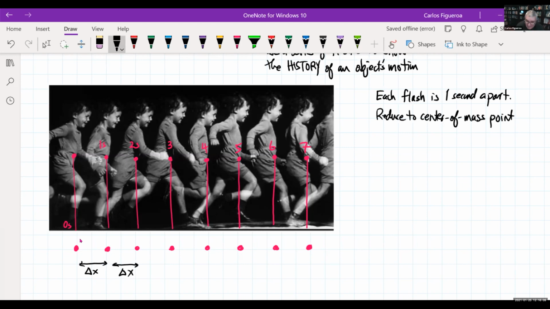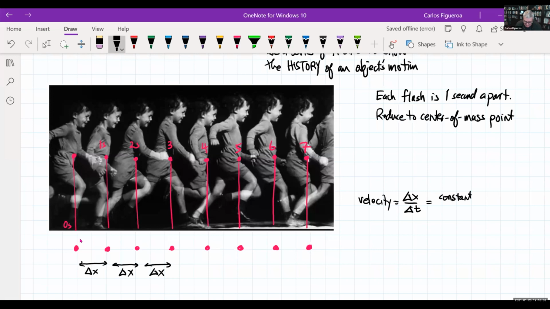It's about the same. And the distance between this dot and this dot is exactly the same. So when I look at my definition of velocity, velocity is delta x over delta t.